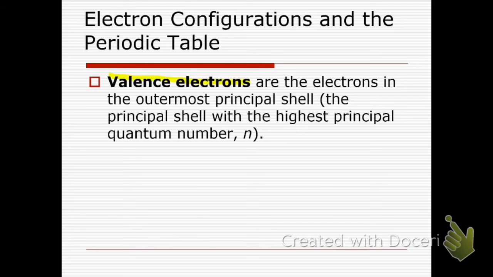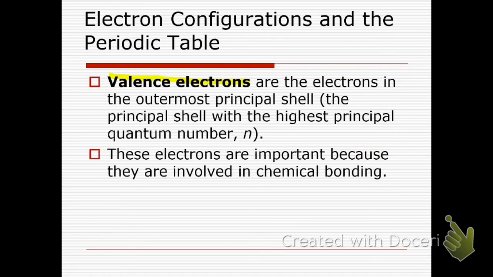So those would be the electrons that have the highest n value, the highest coefficient when we are writing them. These electrons are the most important because the valence electrons are those that are involved in chemical bonding. That's why we care about those a little more.